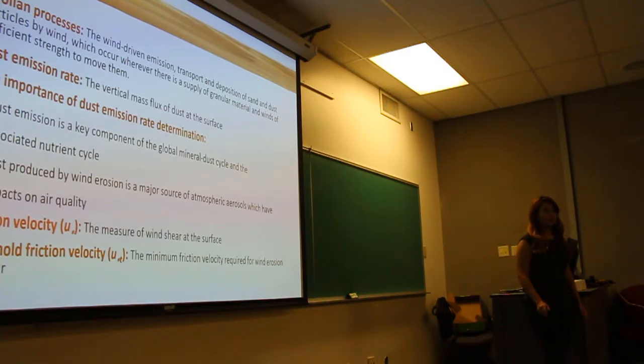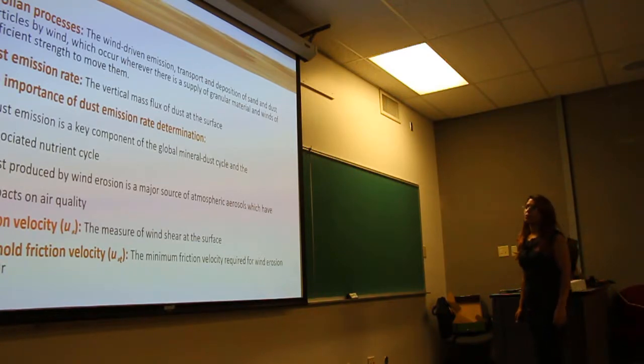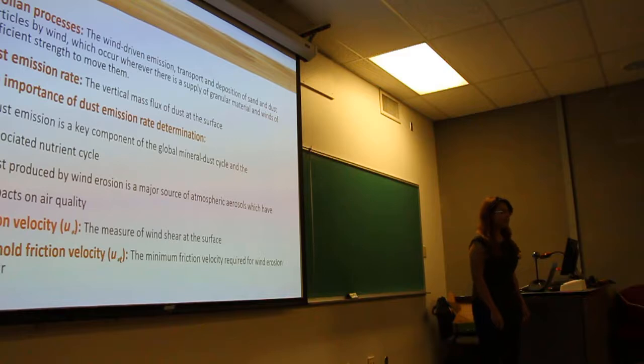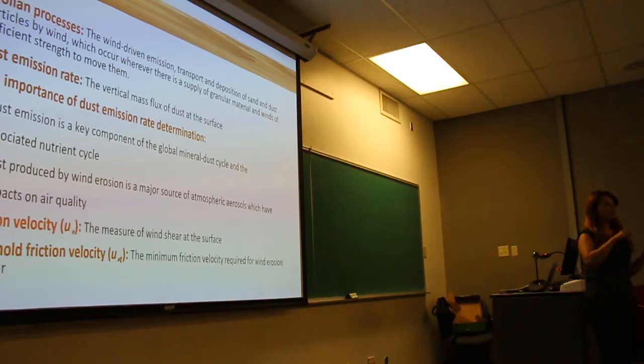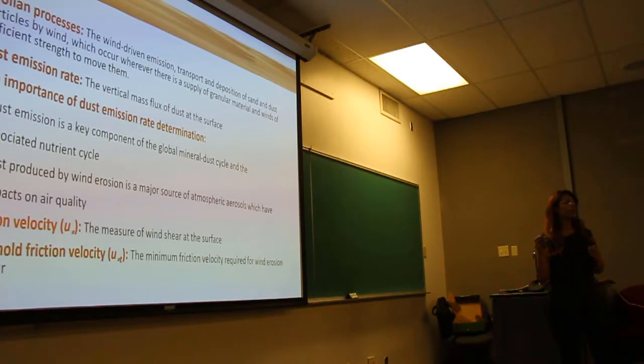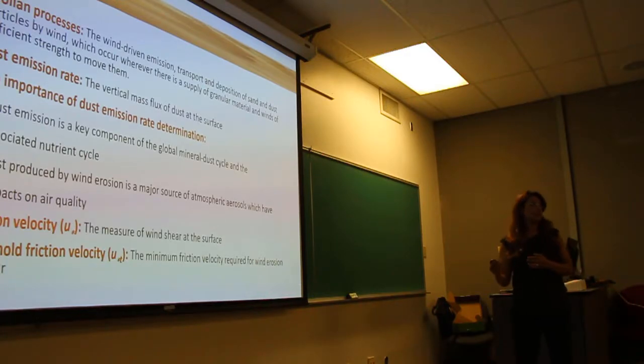It's really important to determine the dust emission rate, because dust emission is a key component of the global mineral dust cycle. When dust is dispersed by turbulence, it is carried over long distances by wind, and then deposited in different regions.